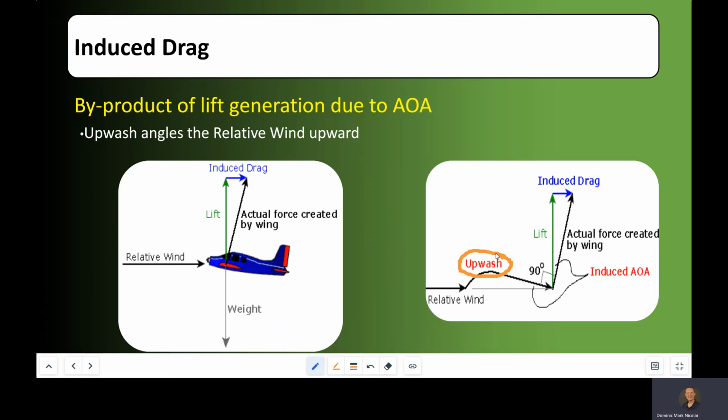In that upwash ahead of the wing, takes this relative wind and tilts it. So now the relative wind is tilted upwards. Lift acts perpendicular to the relative wind.